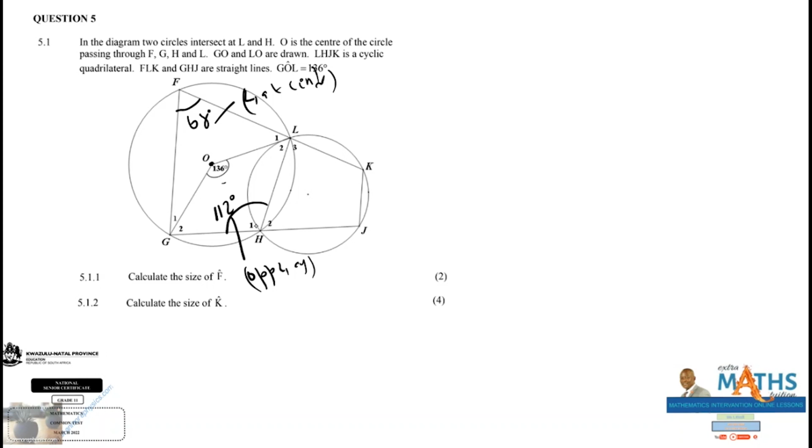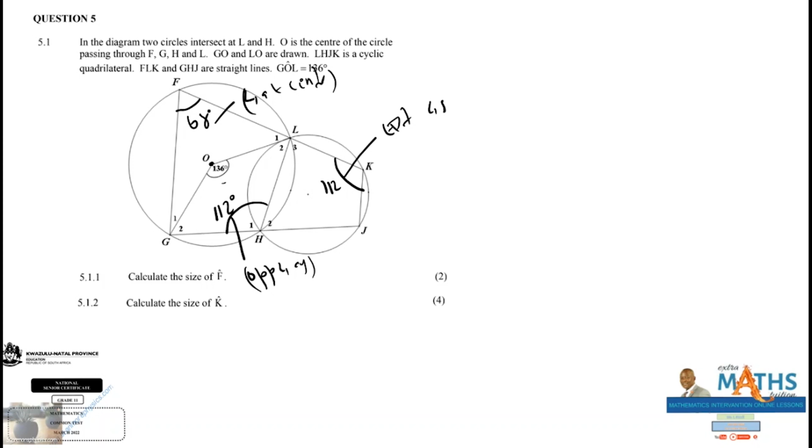Before I proceed, I can also look at this smaller circle because now I'm noticing an exterior angle of a cyclic quad. What we said about an exterior angle of a cyclic quad is that it's equal to the opposite interior angle. It means this 112 is also equal to 112 because it's an exterior angle.